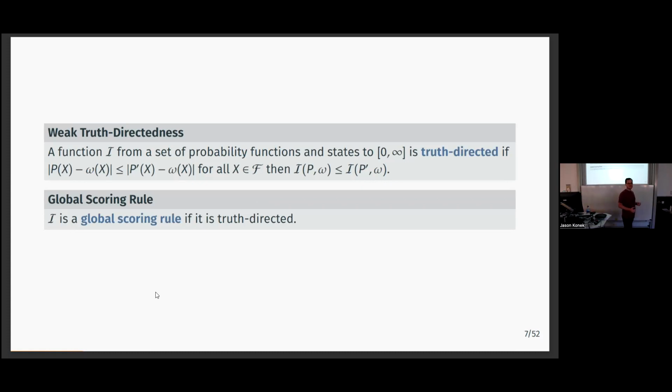I have a bunch of probability functions, and I'm going to take omega as an atom, with omega(x) just being the characteristic function, the truth value of x at that world. If the absolute divergence between p(x) and omega(x) is always lower than the divergence between p prime and the truth value, for every proposition under consideration, then p shouldn't do worse than p prime.